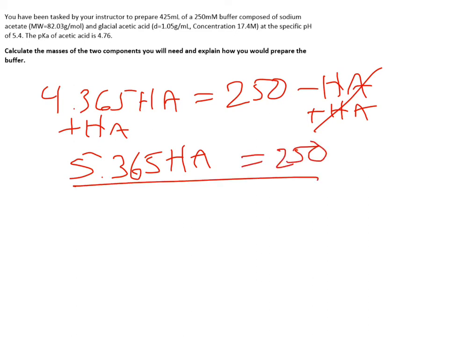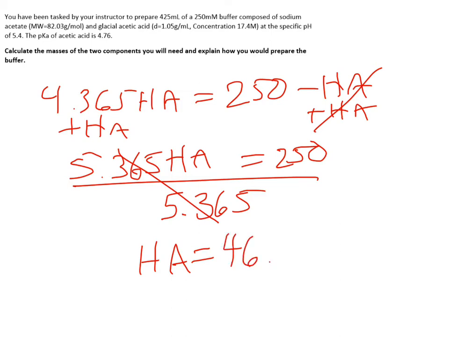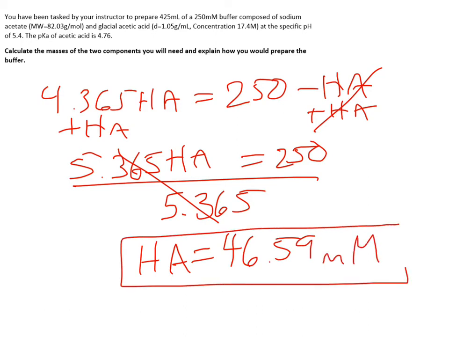We can simplify here by dividing by 5.365. That'll cancel on this side, and then we'll have it divided by on that side. 250 divided by 5.365 is equal to 46.59. And remember, that is in millimolar. So there's one of our solutions there. HA is equal to 46.59 millimolar concentration in this buffer.